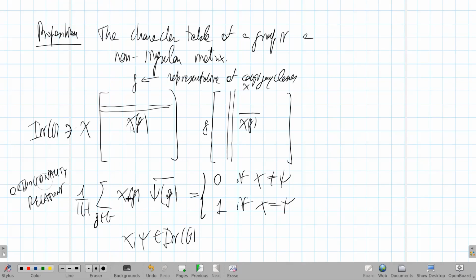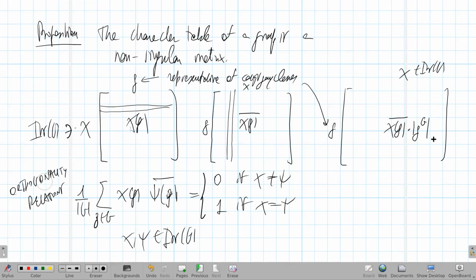And then the trick is quite simple. You consider the following matrix. So g, again, is the representative of the conjugacy classes. Chi, again, is irreducible characters of G. And here you put chi of g conjugate, but you multiply by the size of the conjugacy class of g, okay?